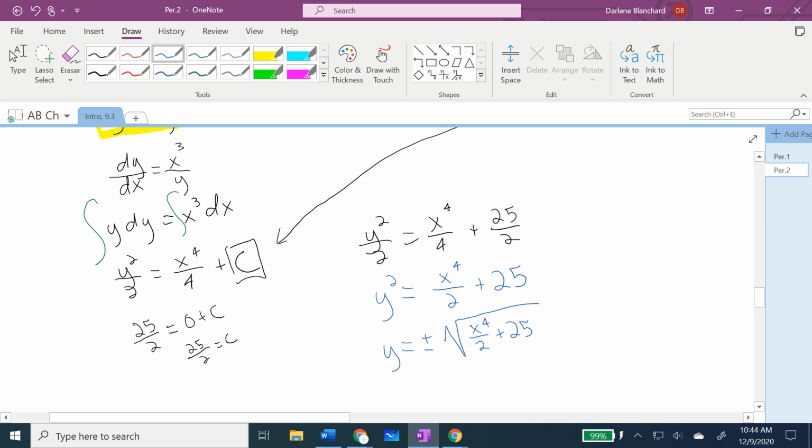Now, here's the thing. If you have a particular known data point, you can only follow along the solution curve from that data point as long as that is a nice continuous function.